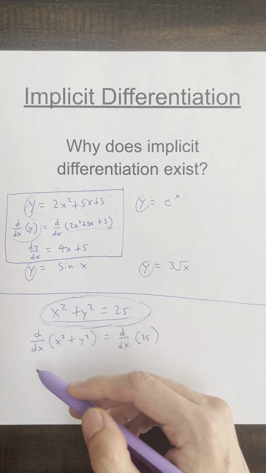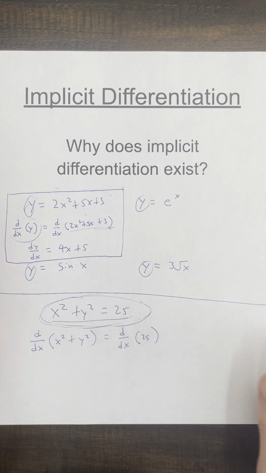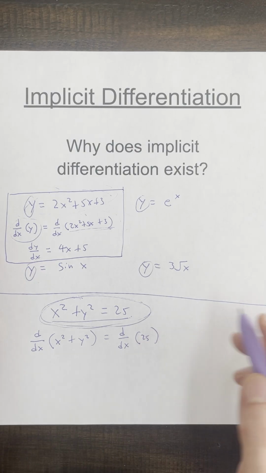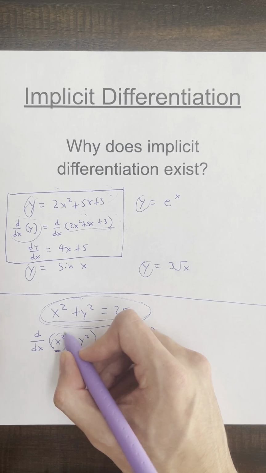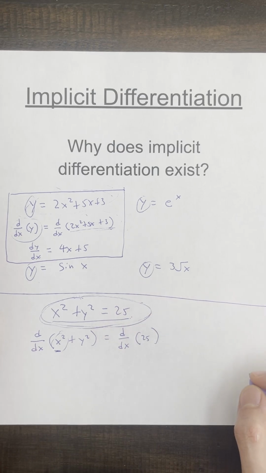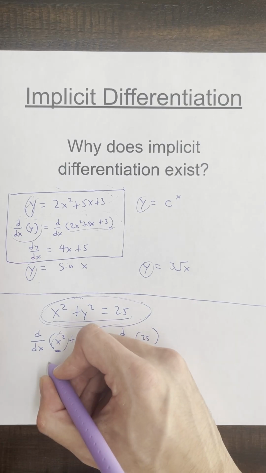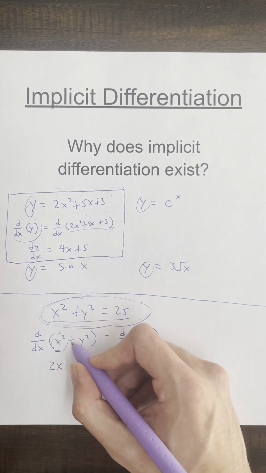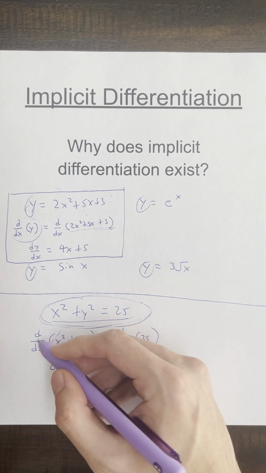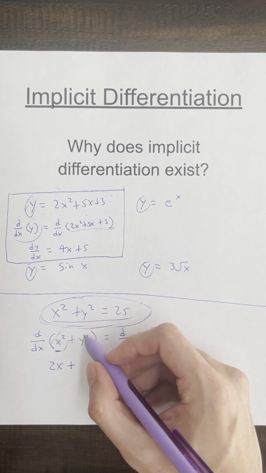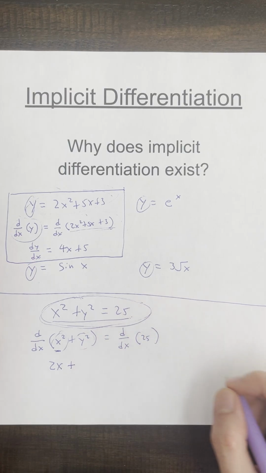And so we're taking the derivative with respect to x of both sides of this equation. What's the derivative with respect to x of x squared? 2x, and then a plus sign here. And then what's d dx of y squared?